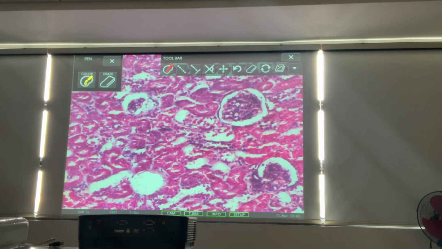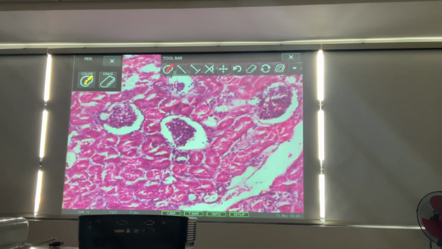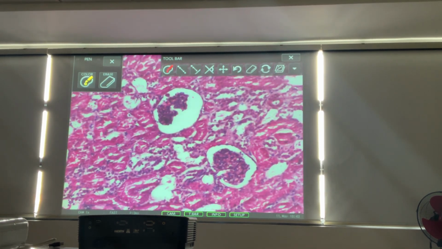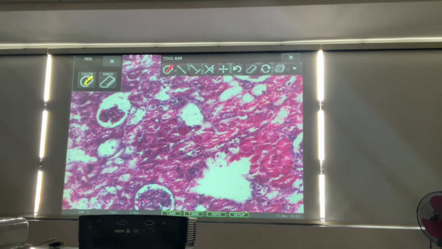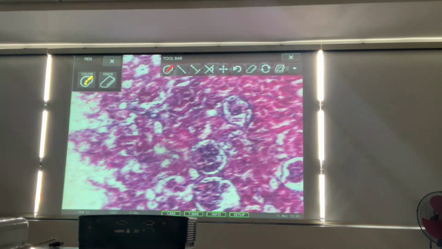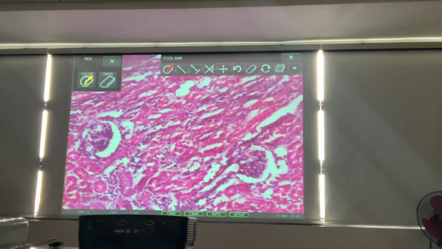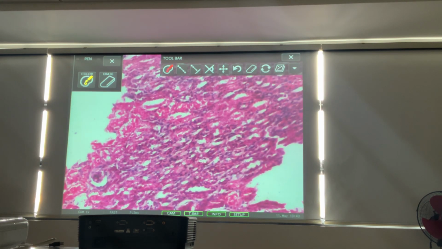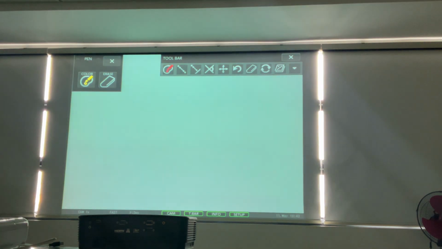So for this acute glomerulonephritis, it's global and diffuse. So all of it is dark staining. Okay, so that's acute glomerulonephritis.